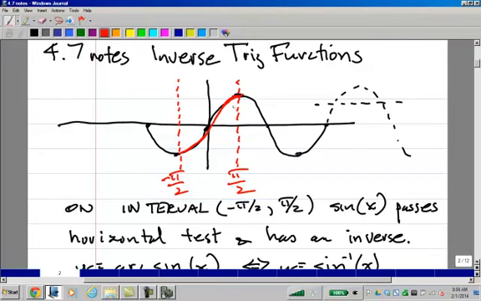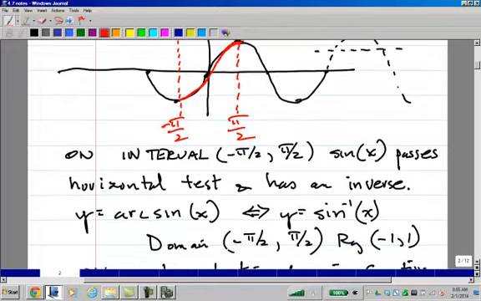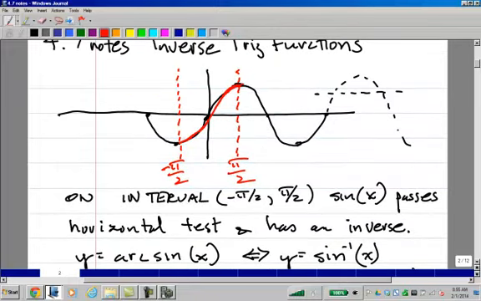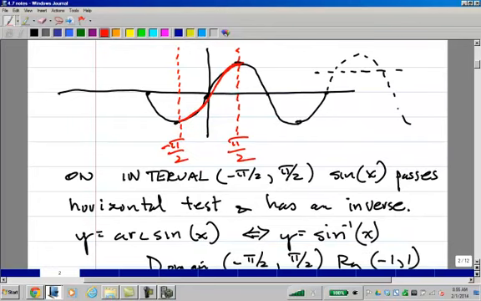You can see there's no place in this interval where any horizontal line intersects the graph more than once. So when we're talking about inverse functions for trig functions, each trig function will have an interval. It's going to depend on what function it is, and in this case of the sine, it's negative pi over 2 to pi over 2.